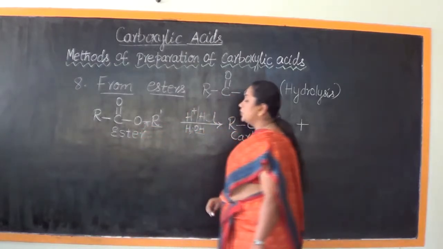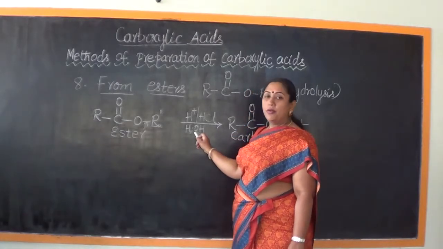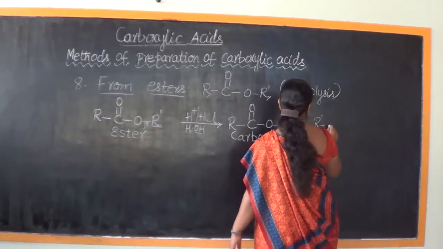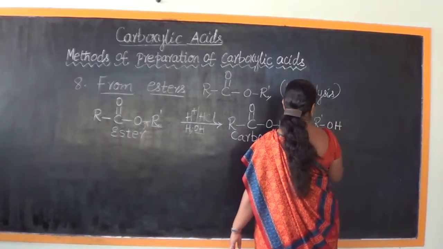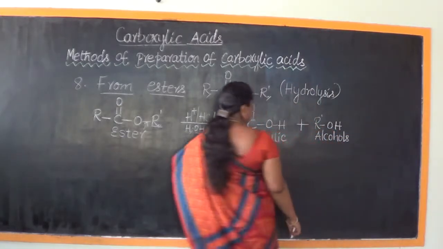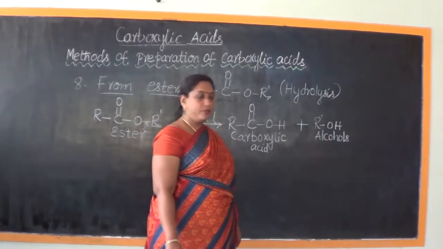In addition to this, what else are we going to get? This R dash will combine with OH of water, resulting in the formation of the corresponding alcohol. So, we get two different products. One is the carboxylic acid and one more is the alcohol.